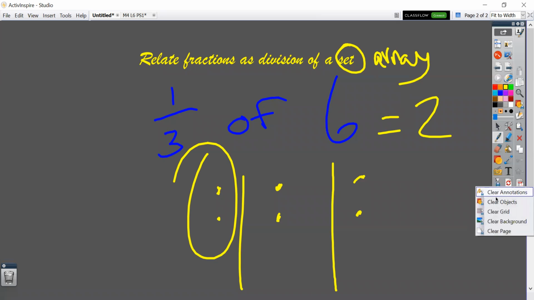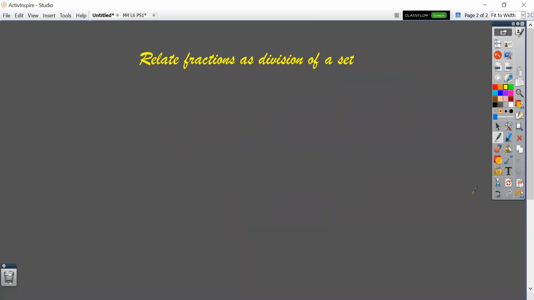Let's clear the page and do 2/3 of 6. This time, I'm not going to draw those lines. The whole is 6, and we know that our unit is thirds. So to make our lives easier, we're going to draw in columns of 3. 1, 2, 3, and 4, 5, 6.